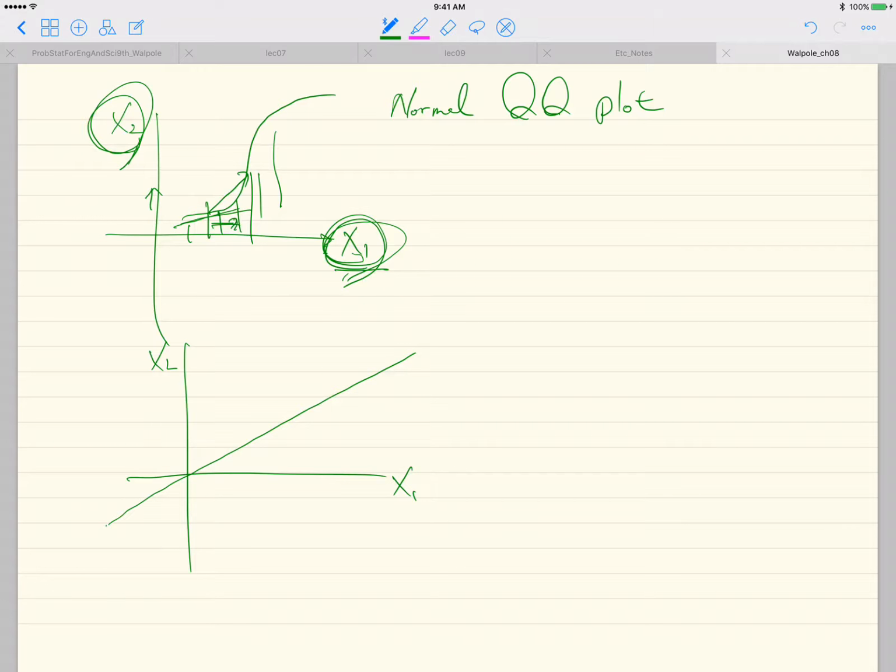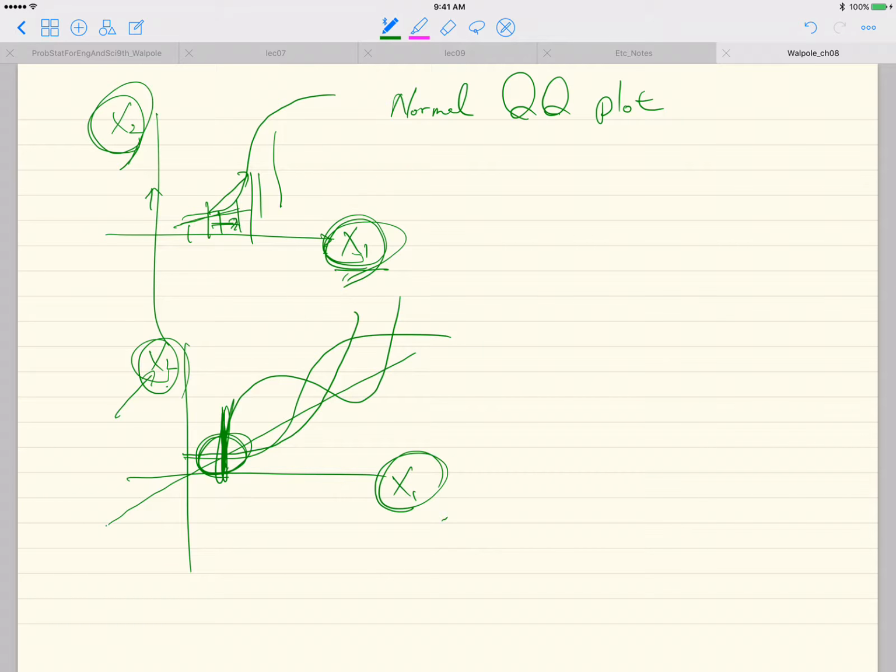But if this quantile plot has this kind of non-straight shape, then compared to the normal distribution, the probability is increasing slowly for x2 at this point.